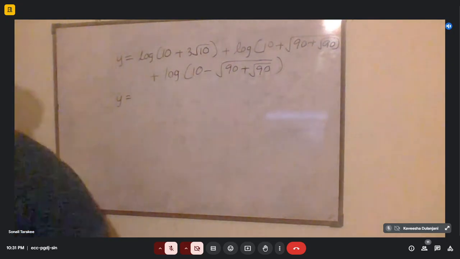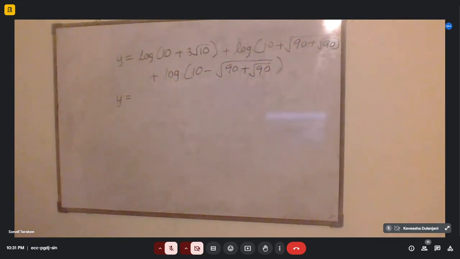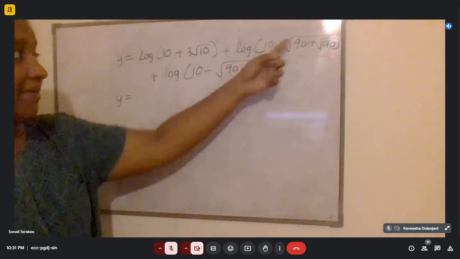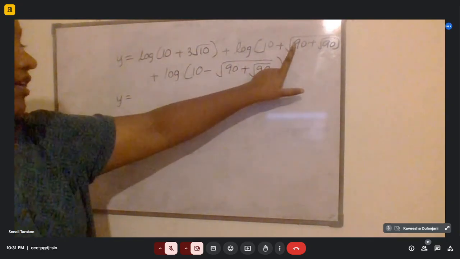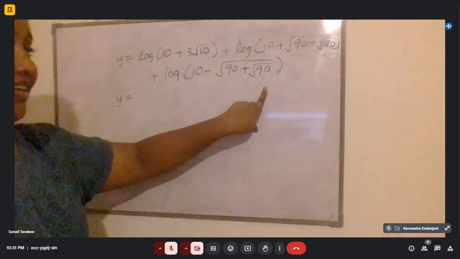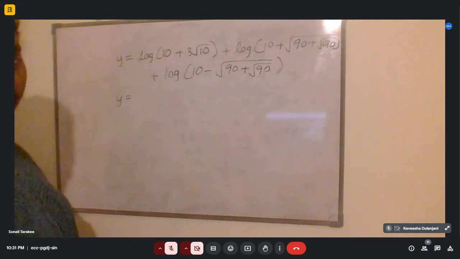So how you can solve this one is, in logarithm addition, log m plus log n equals log m into n.